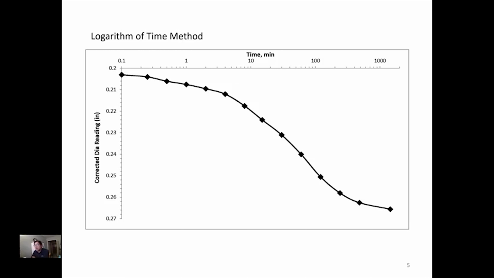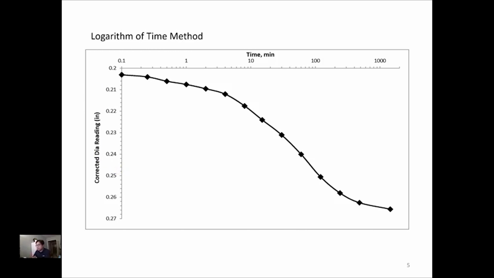First, this is the log time method, which requires the time-settlement data to be plotted with log scale on the x-axis for time, and the y-axis we are seeing here in normal scale. This is the corrected dial gauge reading.